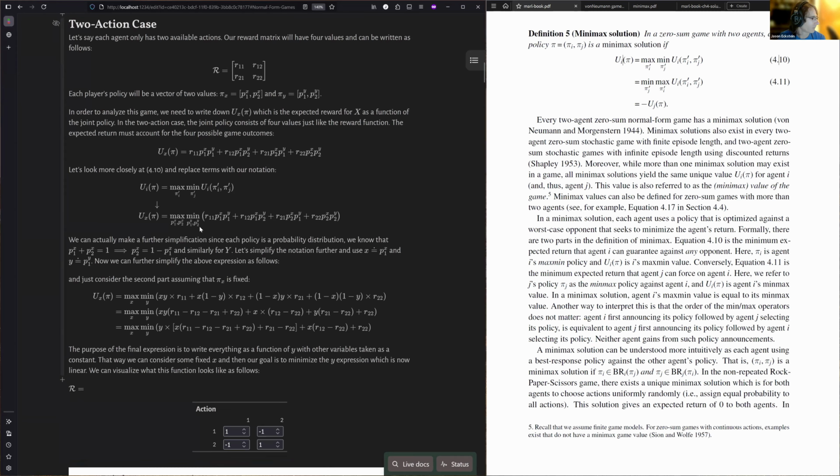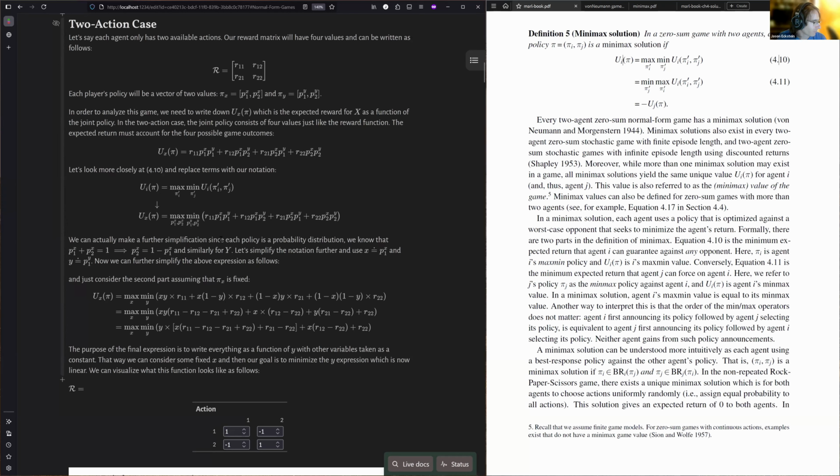So when we talk about minimizing this expression over the policy of player Y, we mean selecting P1 and P2 for y that achieves that minimum. And then in the parentheses here, this is just the actual expression for the reward.